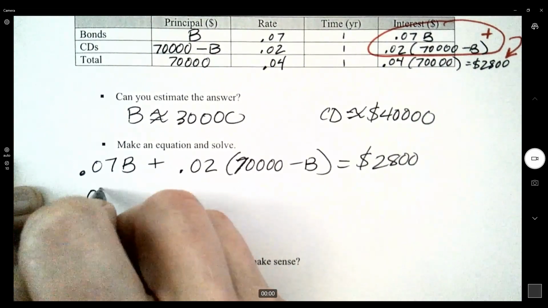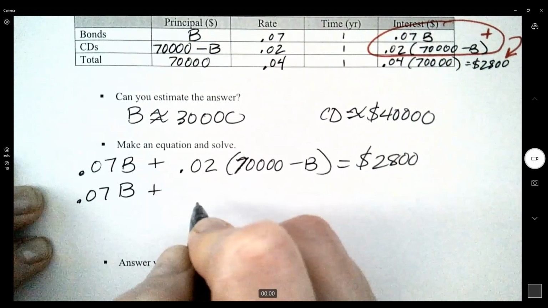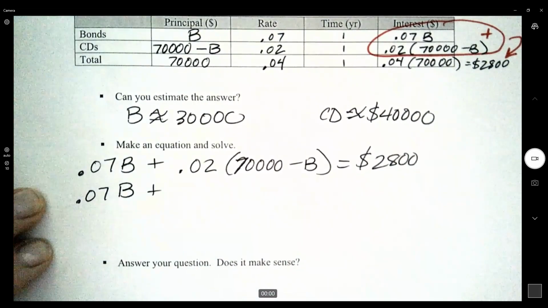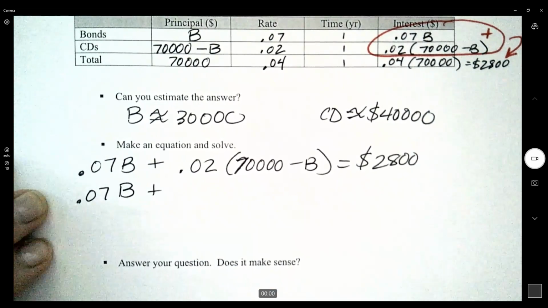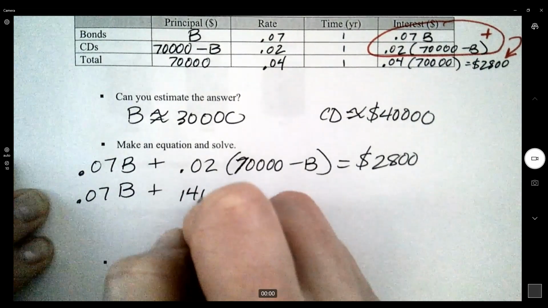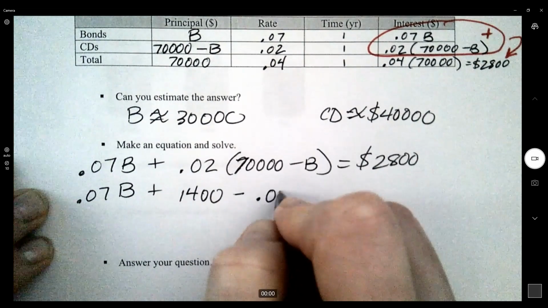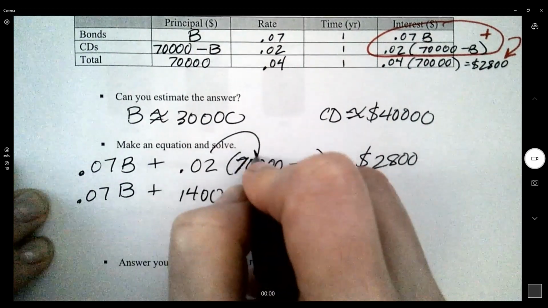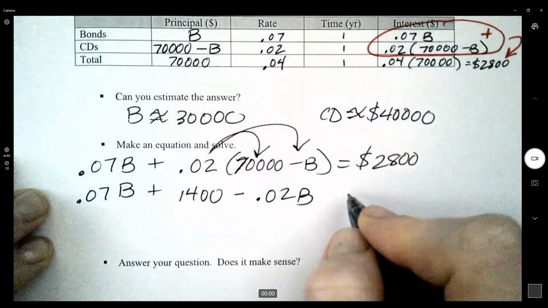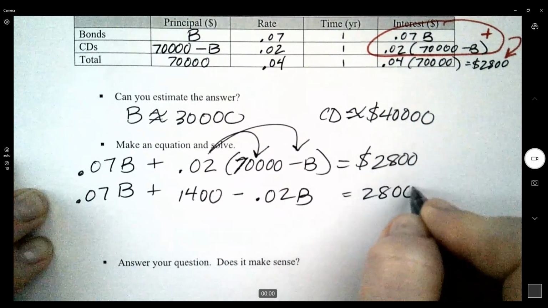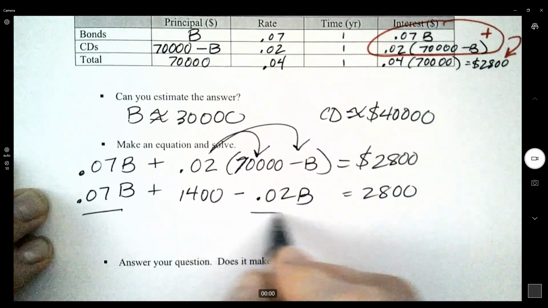So let's distribute and get rid of the parentheses. So 0.02 in my calculator times $70,000 is going to give me 1,400 minus 0.02b. So all I did was distribute that 0.02. So now let's add the like terms.